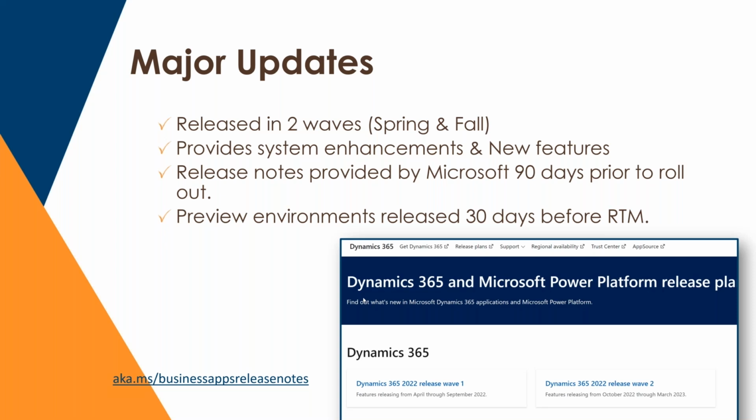About 30 days before Microsoft actually does the full release of that particular major update, you can create a sandbox in your administration environment to be able to play with the new features prior to them rolling out. So those are Microsoft's major updates.